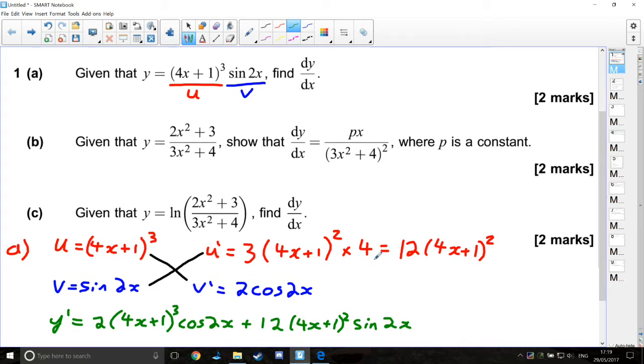It's not looking for anything else. It's just after the derivative, so we can move on to the next question.